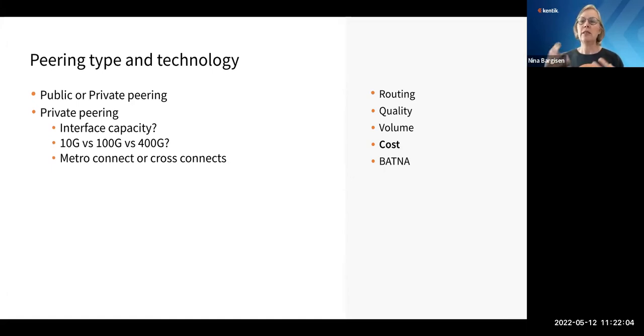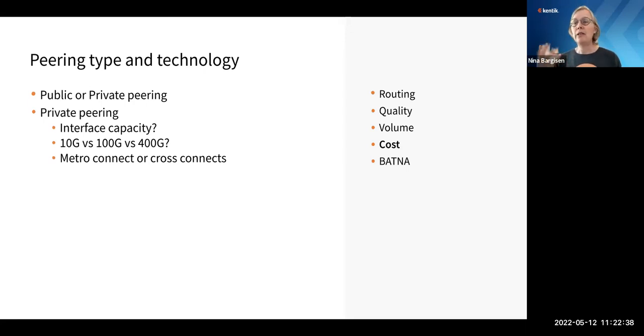And typically, it is also a topic that will be discussed in a peering business review, because if you're on a public exchange, maybe the volume of the growth of the traffic to this particular peer will mean that you have to upgrade your whole interface to the internet exchange. And for me, that's always been a good time to start discussing, should we move this traffic off the interface and onto a dedicated interface, which is what a private peering really is.